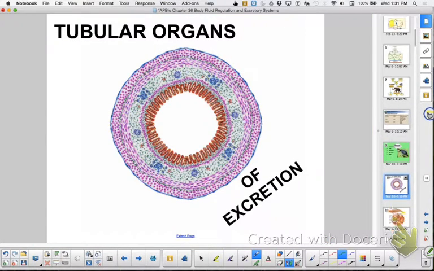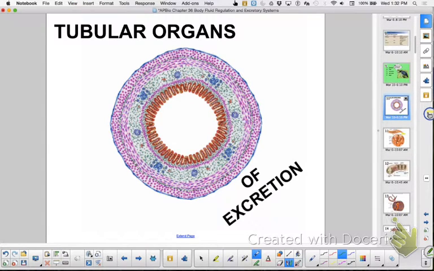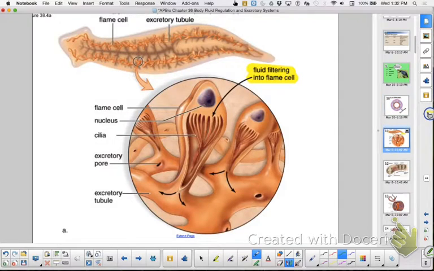Again, we're going to see the strategy of using tubes, as I mentioned at the beginning. The first one we'll look at is the Planaria. We have already talked about the Planaria with our other systems, and we're going to revisit it here as well. Within their branching gastrovascular cavity, you also have some excretory tubules, and these excretory tubules have cilia right here.